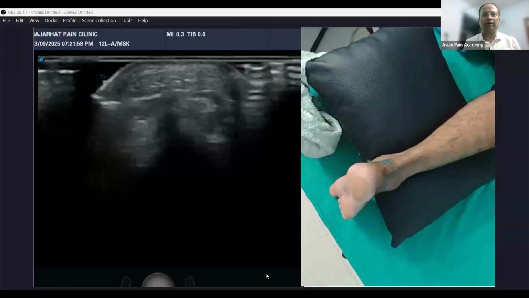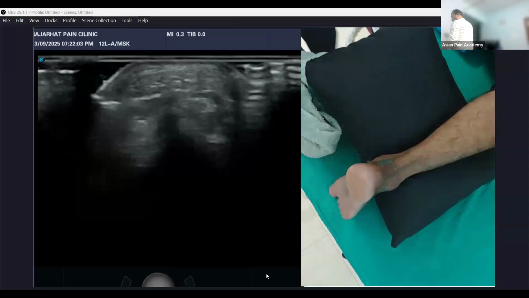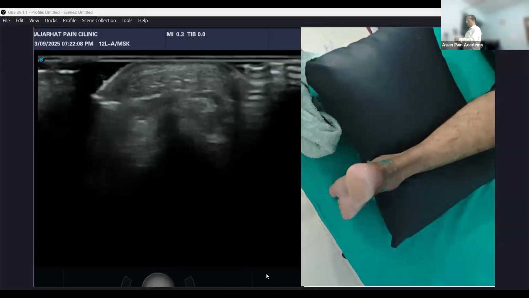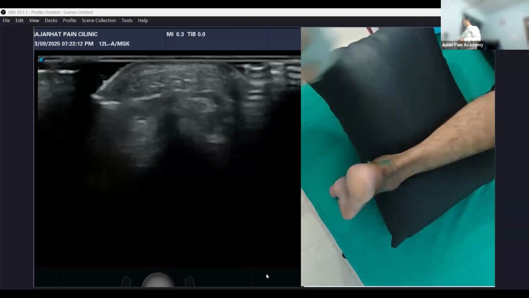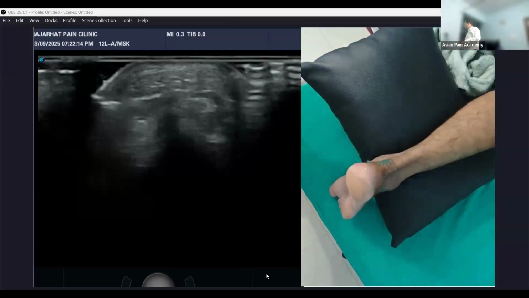First, I show you the plantar fascia. The only important thing here is, remember this skin is very hard.